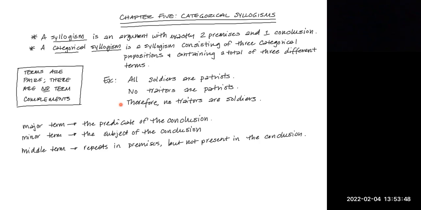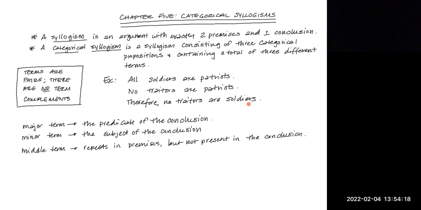You can see, and I've put it here, that the terms are pairs. There are no more term complements when you're dealing with mood and figure or Venn diagrams. So it's going to be soldiers and soldiers, patriots and patriots, traitors and traitors. A further aspect of categorical syllogisms is that we have names for each one of these terms. The major term is the term that's in the predicate position of the conclusion.